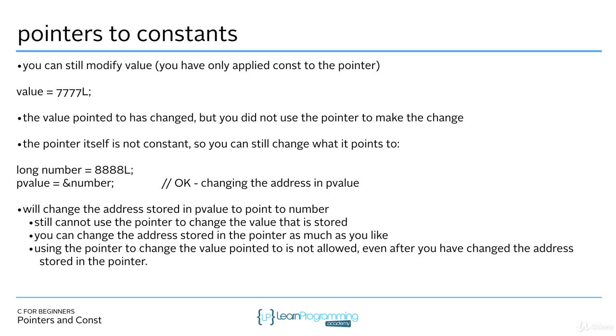We still cannot use the pointer to change the value that is stored because that was declared as, we can't change that value. You can change the address stored in the pointer as much as you like, just like we did. Using the pointer to change the value pointed to is not allowed even after you have changed the address stored in the pointer. So even though we just changed it to long number, the pointer still had constant as the keyword. So we can't change the value no matter what the pointer is pointing to.